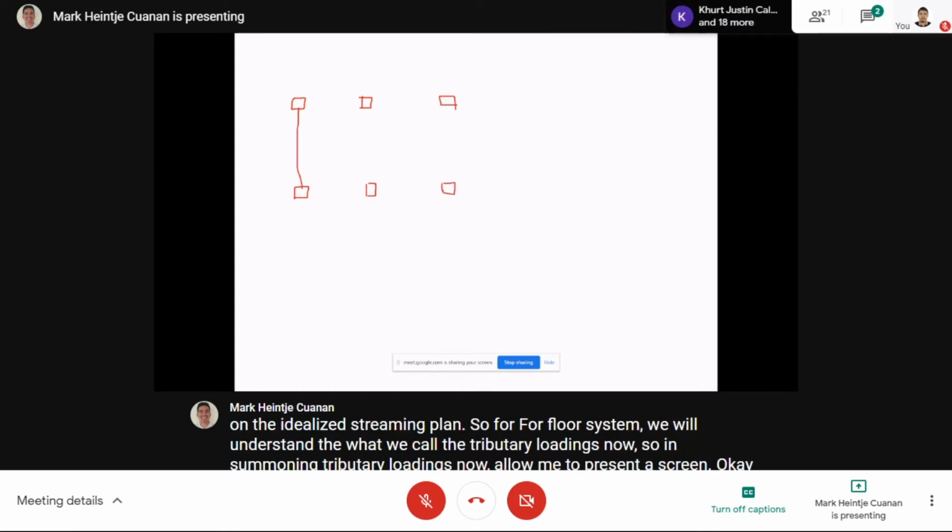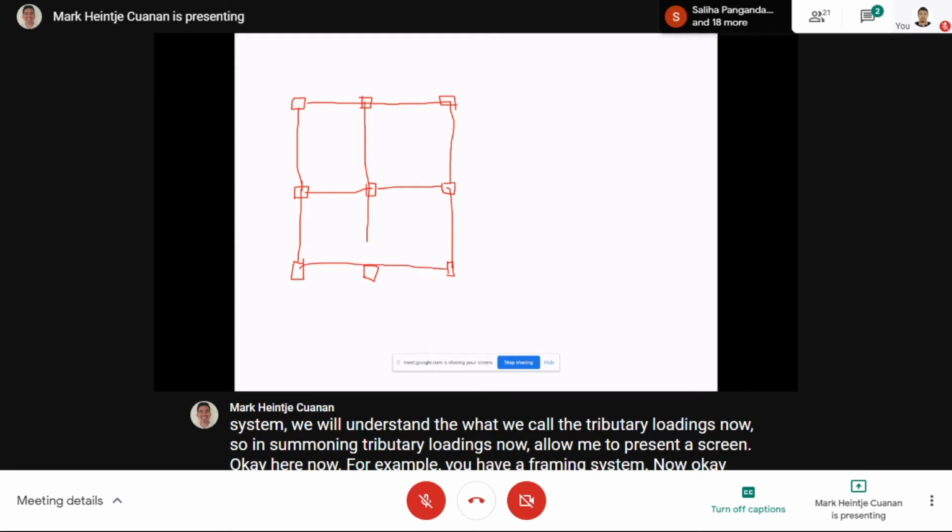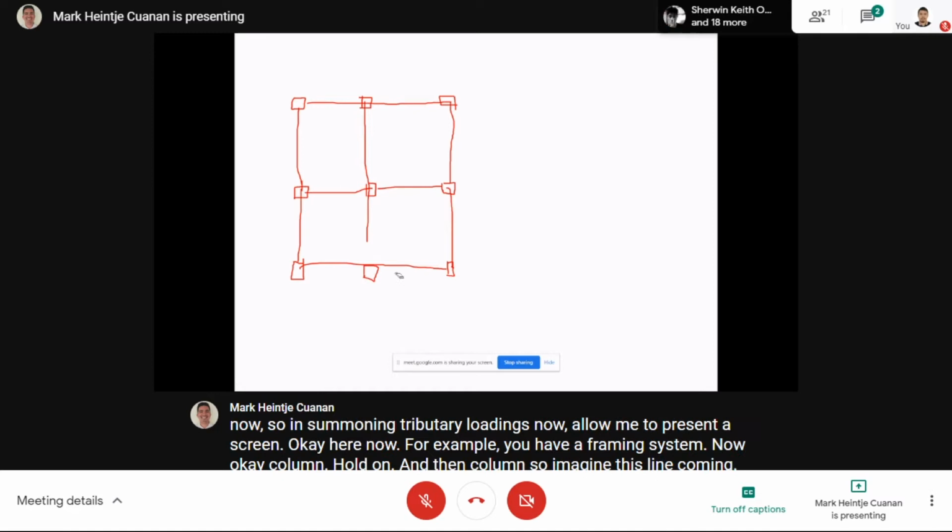Imagine these lines that I have added now are beams. I will not trace over them so that they do not overlap. Okay? So we have 9 columns all in all, and then we also have beams which connect all of these columns.